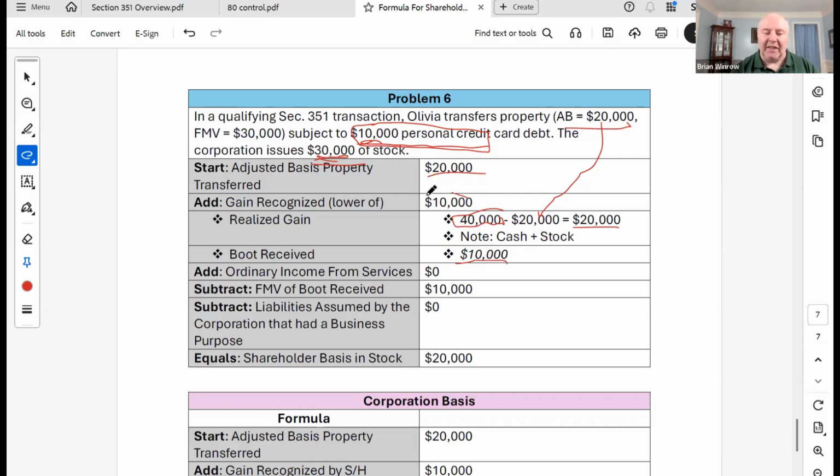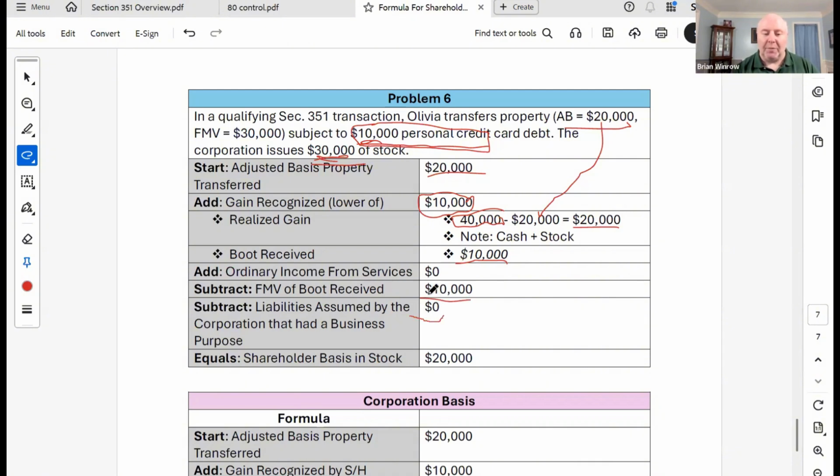So we have $10,000 right here of boot. That means we take $10,000. So if we go 20,000 plus 10, we're now at 30,000 minus 0 because there's no service income. Then we subtract the fair market value of our boot received. That was the same $10,000 we used up there as boot.